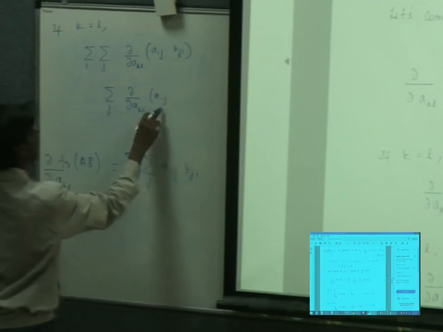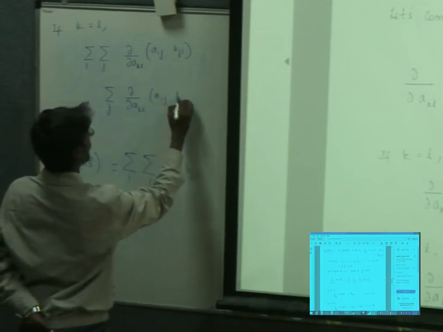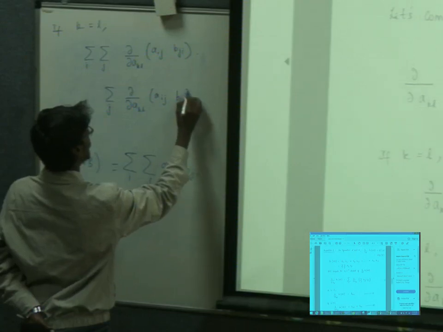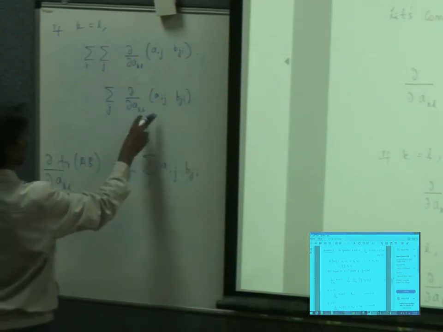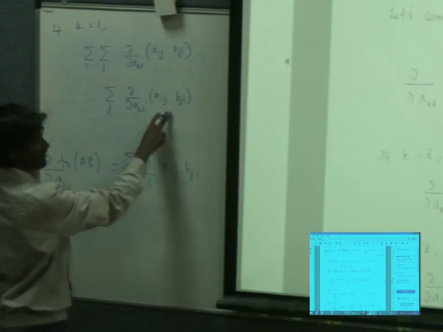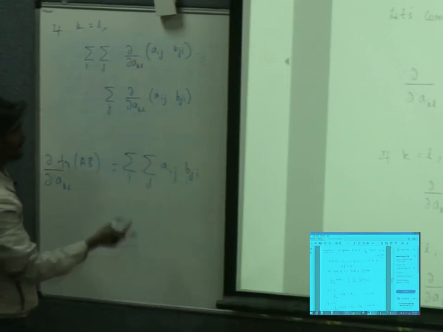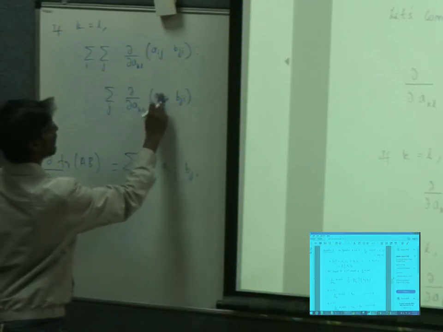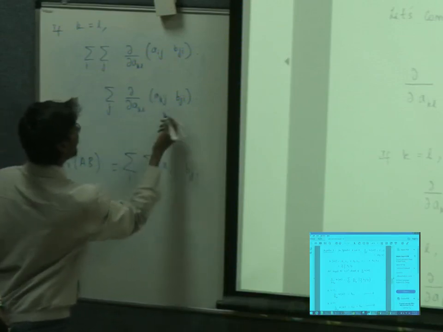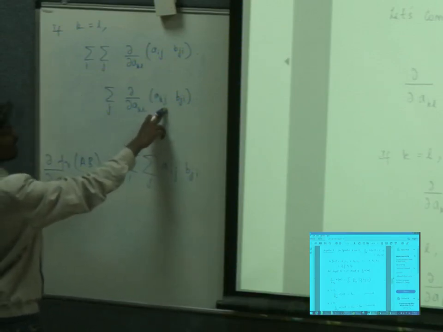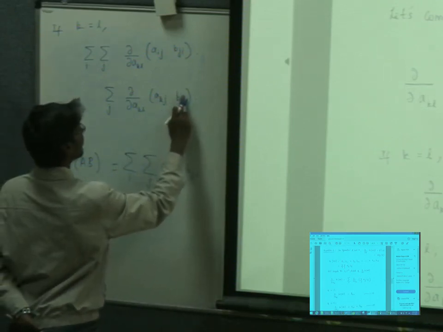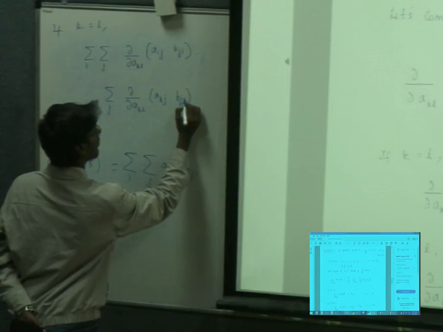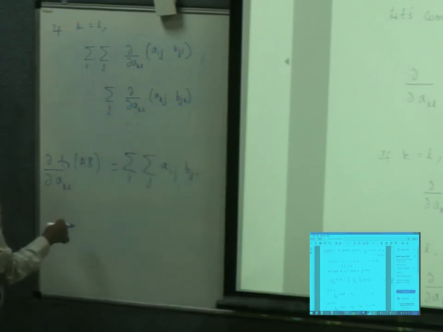Anyway, we have already done this differentiation, but still let me put it. And out of all the j's, when will this be? Maybe only when j is equal to L will we have something.